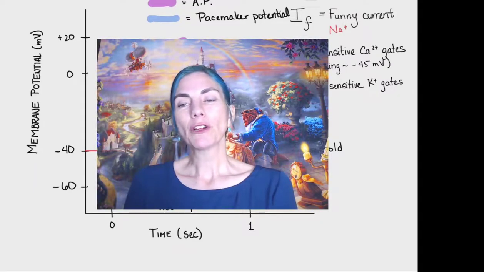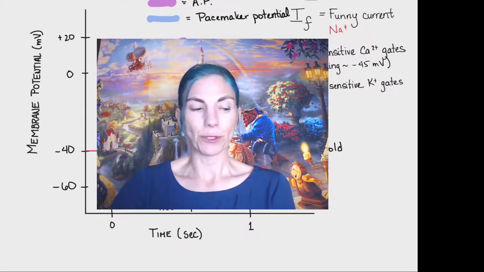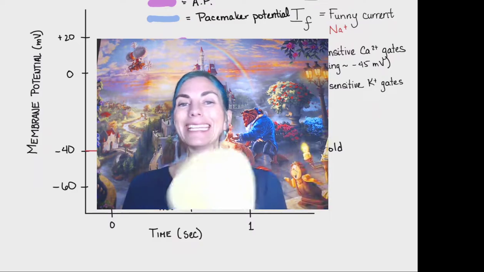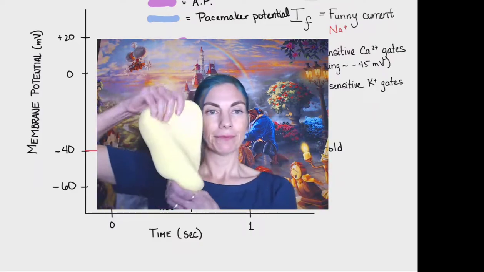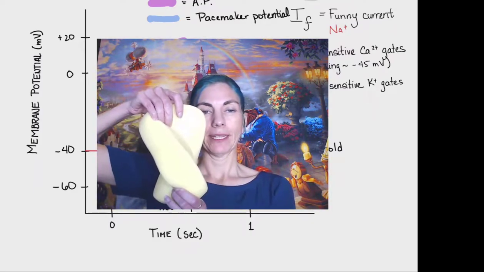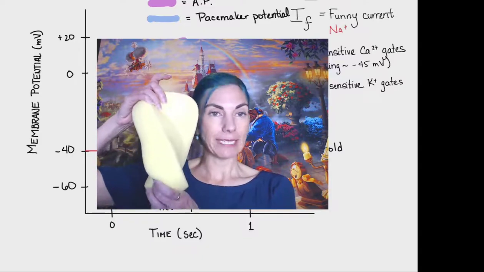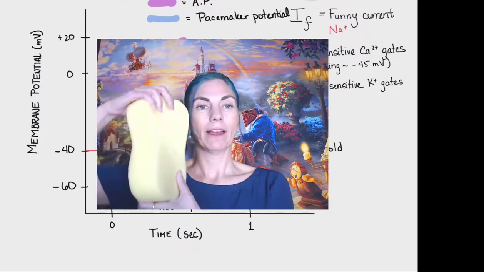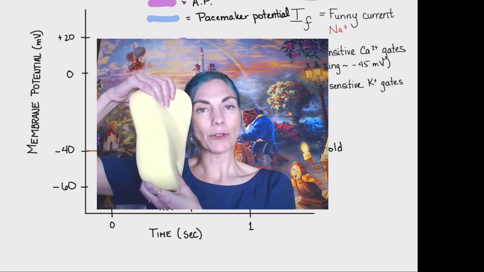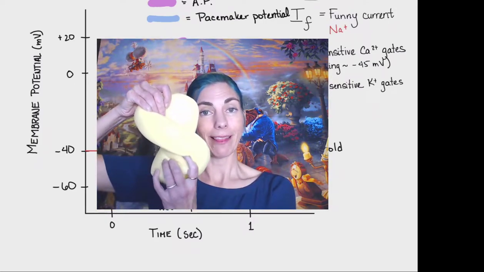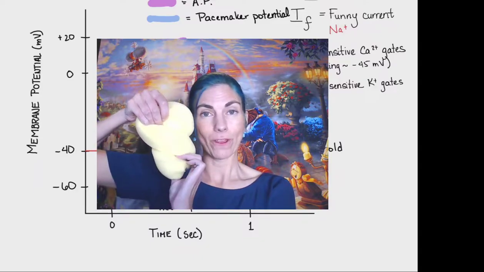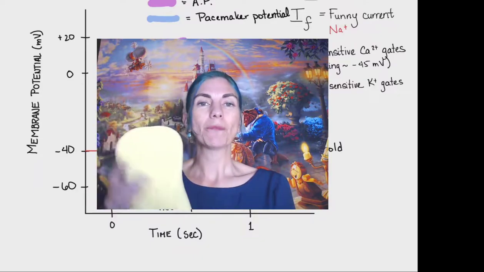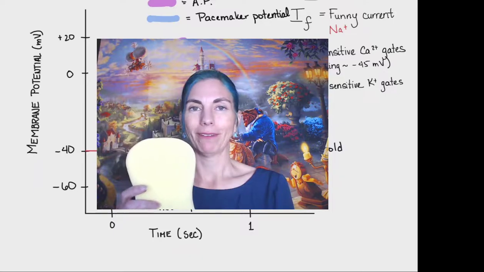Okay, so here's how the funny channels work. At minus 60, they kind of look like this. As sodium comes in and the membrane potential starts rising, the funny gates respond by starting to clamp down and twist farther and farther, which makes them less and less permeable.